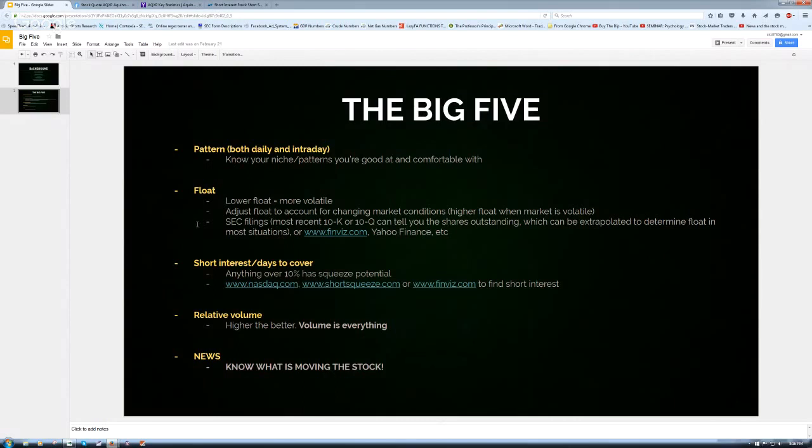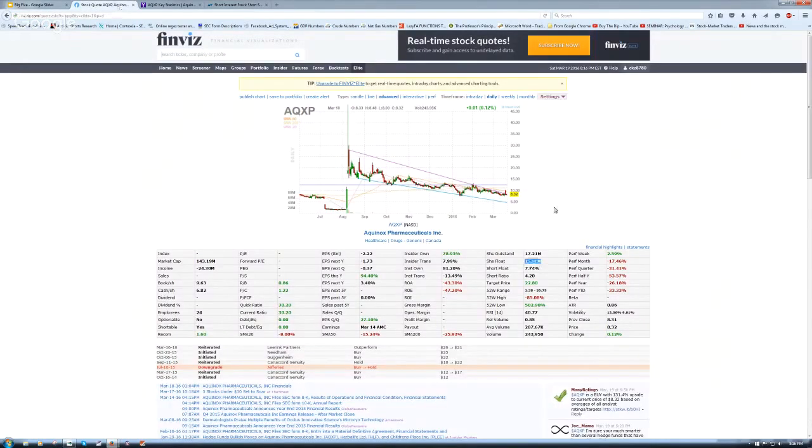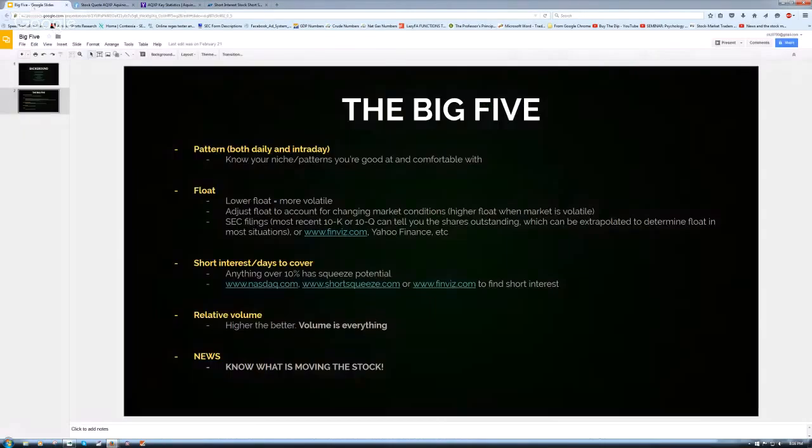The third one is the short interest, also known as the days to cover. What this tells you is, out of the float, right? So you have a stock like AQXP, 15.6 million shares in the float according to FinViz. Out of that float, how much of it is held short? In other words, what percentage of people trading the stock are anticipating that it is going to go down?